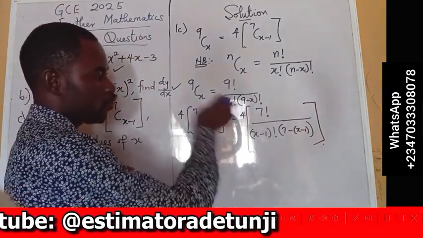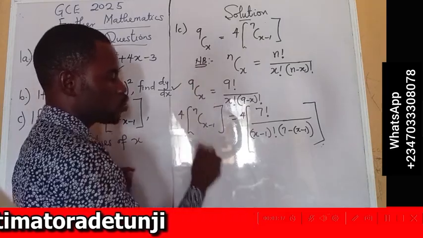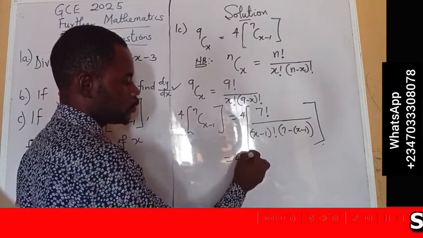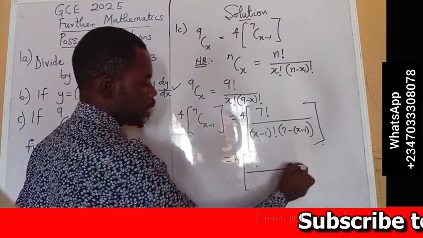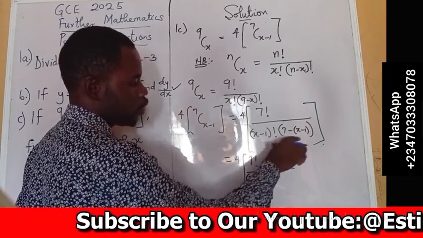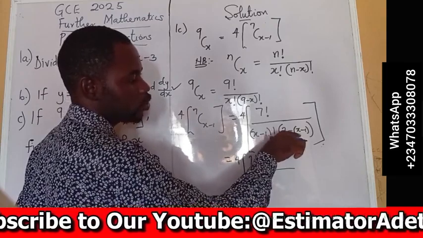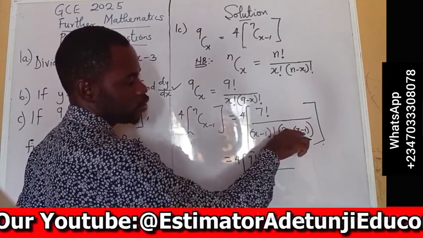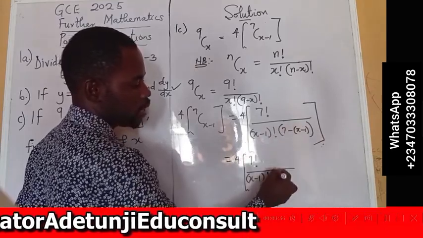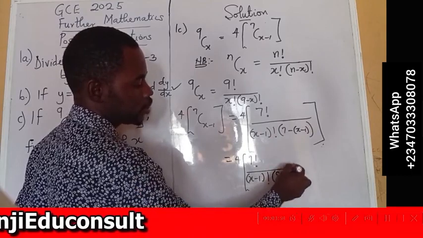Let me simplify it before I come and relate it to this according to the question. So I have 4 open bracket 7 factorial over x minus 1 factorial. If I open my bracket, this one becomes minus x, and minus x minus becomes plus, that is 7 plus 1 becomes 8, and we have 8 minus x.